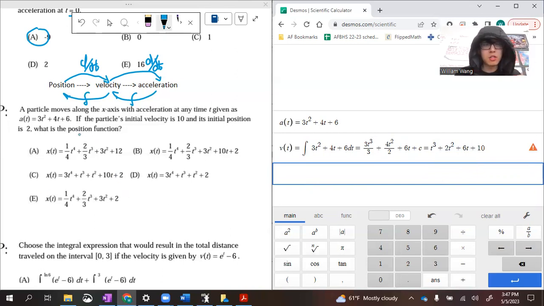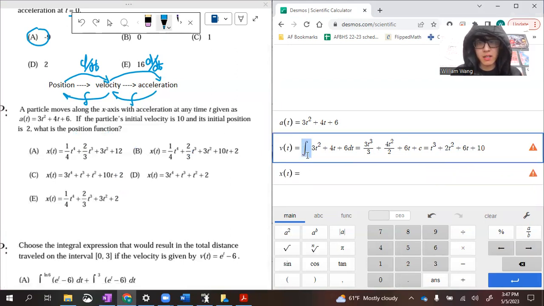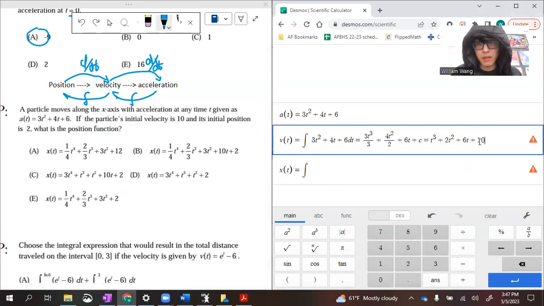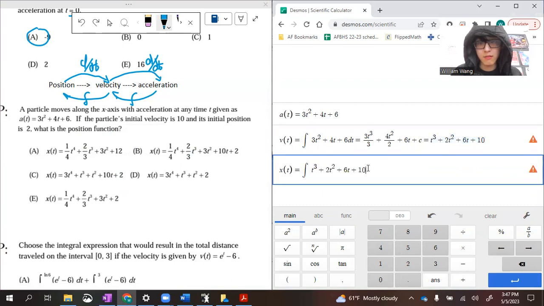Cool. I'm almost at my position function, but I've got to do one more integral. So to find my position function, I'm going to integrate my velocity function. Let's integrate that. So that's t to the 4th divided by 4 plus 2t cubed divided by 3 plus 6t squared divided by 2. This is all anti-power rule.